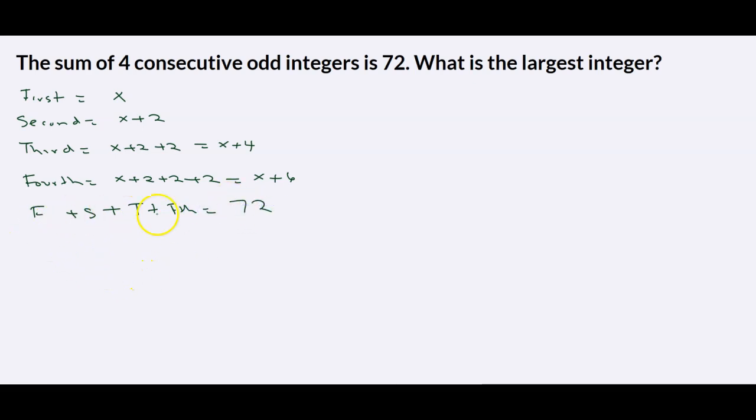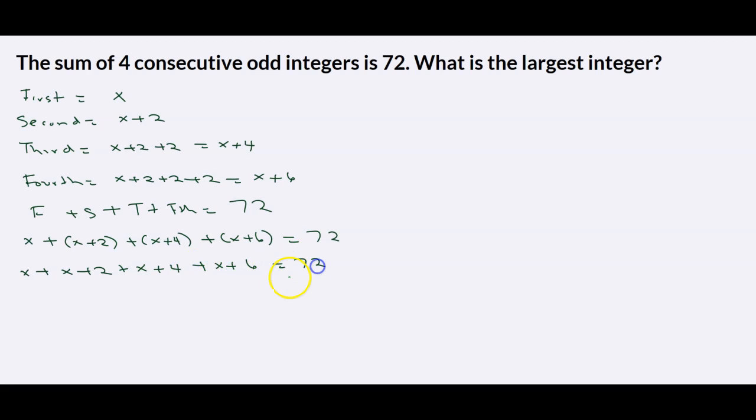So now we're going to replace each of these with variables. So we have x plus x plus 2 plus x plus 4 plus x plus 6 equal to 72. And so we're going to simplify. So we're going to group common terms together.